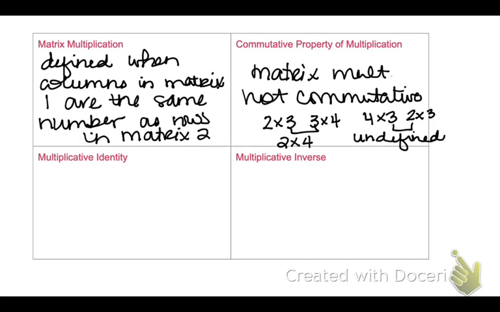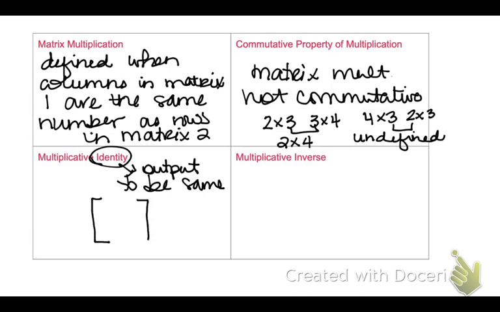So for a multiplicative identity, that means that we want the output to be the same when I multiply by whatever this matrix is. So something that's going to give me what I started with. So that's the identity matrix. The identity matrix is a square matrix, which means the number of columns and rows has to be the same.